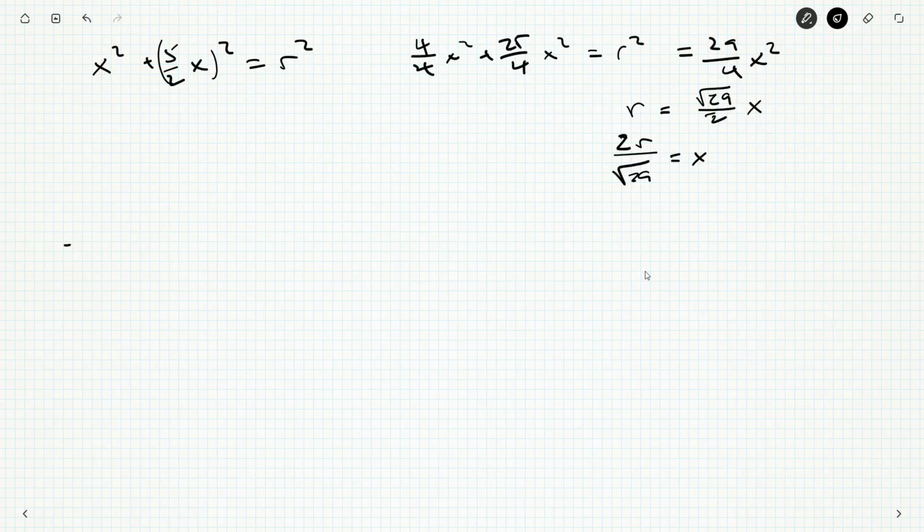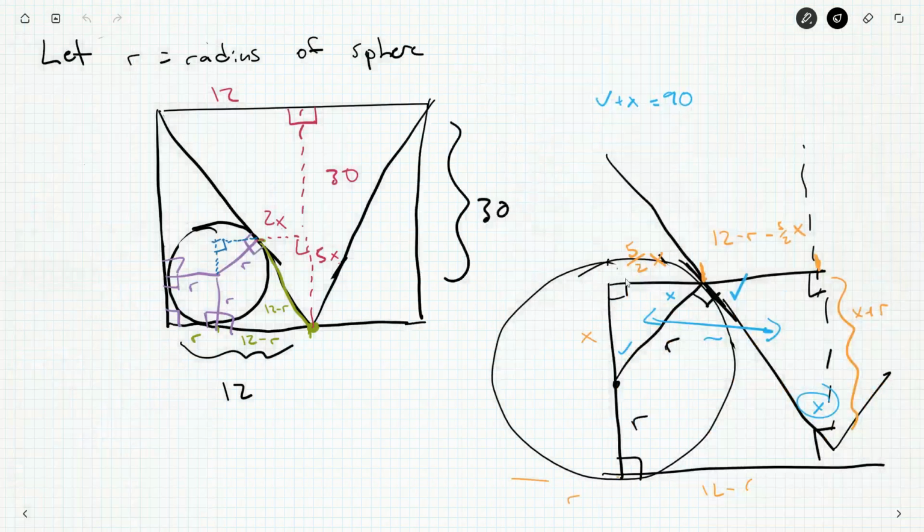And then what have we got? We've got 5 over 2, 12 minus r minus 5 over 2x is equal to x plus r. Right? 5 over 2x, because it's in the ratio. 30 over 12 is 5 over 2.